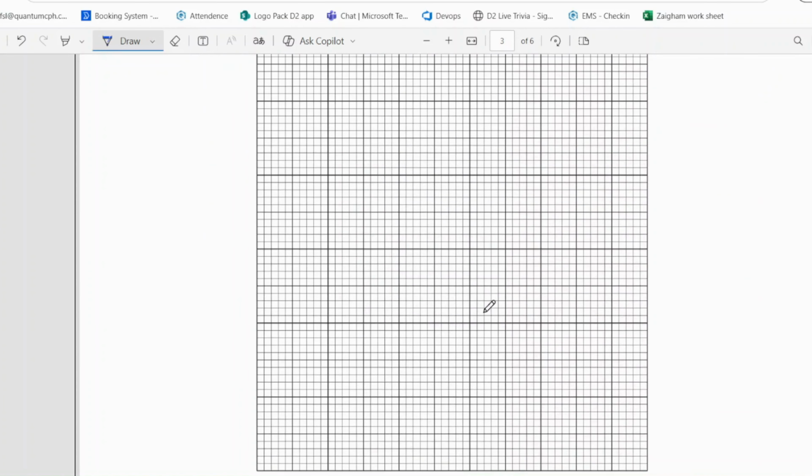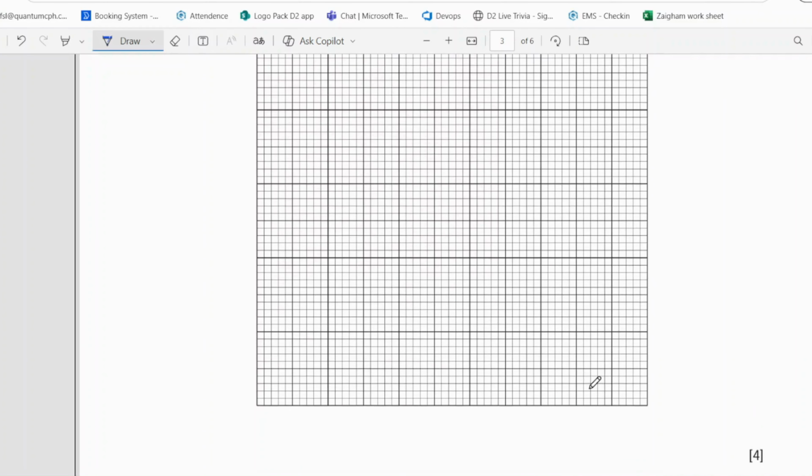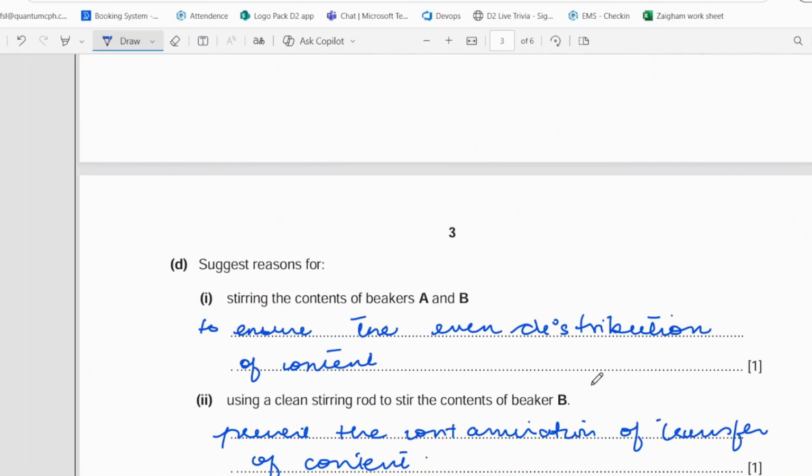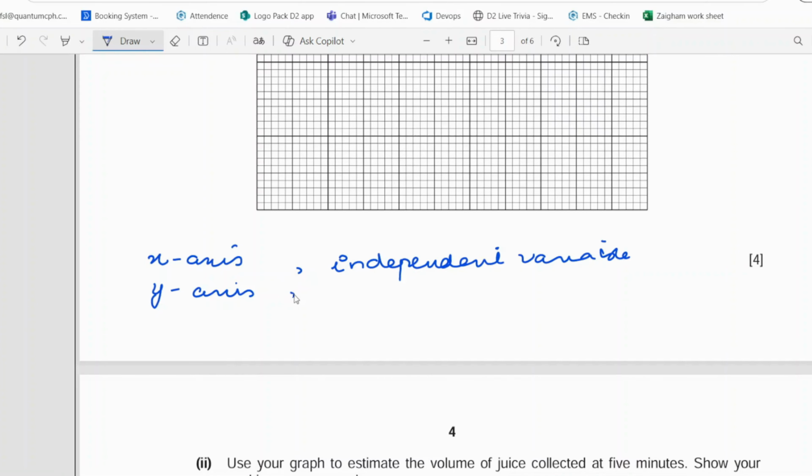Use the information to draw a table or a graph. Okay, what should be in the graph? You have to know about a few things. What should be on the x-axis and what should be on the y-axis? Let's write this. On the x-axis, we usually take the independent variable, time, and the y-axis is the dependent variable.